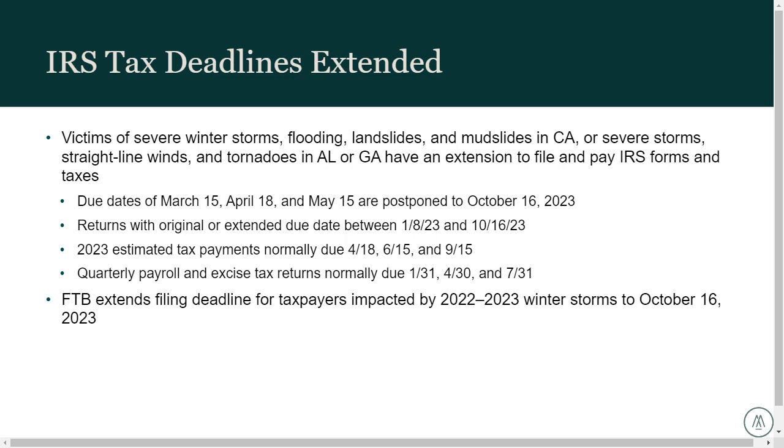So returns with original or extended due dates between January 8th, 2023 and October 16th, 2023 are automatically extended to October 16th of 2023. This extension includes 2023 estimated tax payments, as well as your quarterly payroll and excise tax returns. The FTB has announced that they are conforming to this automatic extended deadline, so California returns and payments have also been automatically extended to October 16th, 2023.